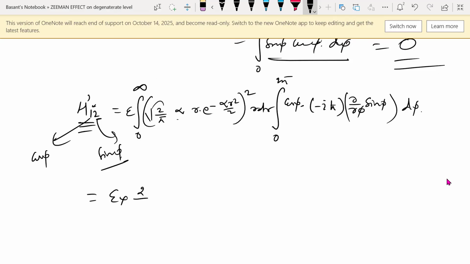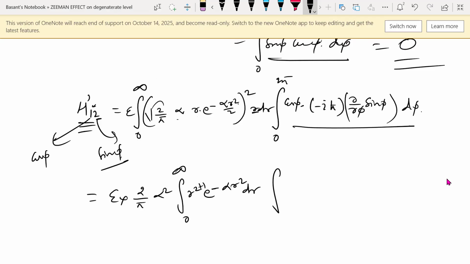This becomes 2 by pi alpha square, times r square e to the power minus alpha r square, and with the extra r, plus 1, dr from 0 to infinity. The angular part becomes cos phi, minus i h bar, and differentiation of sin phi gives cos phi, so cos phi, d phi from 0 to 2 pi.